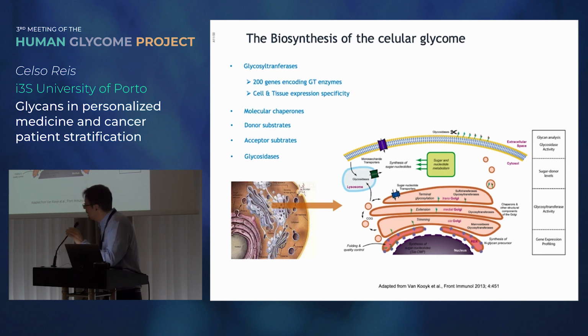cell. In fact, of course, there is the expression of the glycosyltransferases, and there are more than 200 genes codifying different families of glycosyltransferases, which have cell and tissue expression specificity.